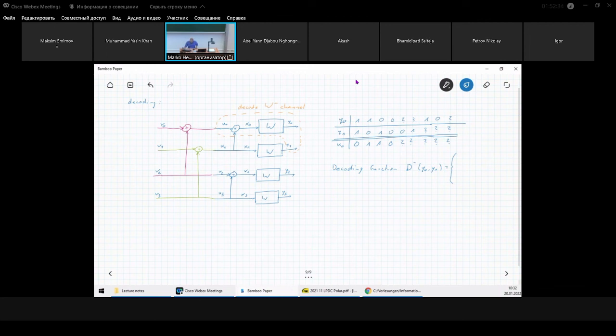It's described as y0 XOR y1 for y0 and y1 not being the erasure symbol, otherwise it's the erasure symbol. And this is basically it for today.